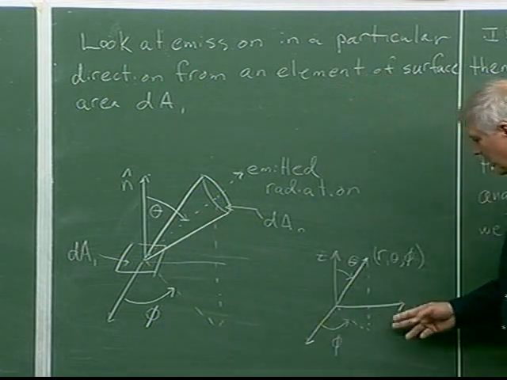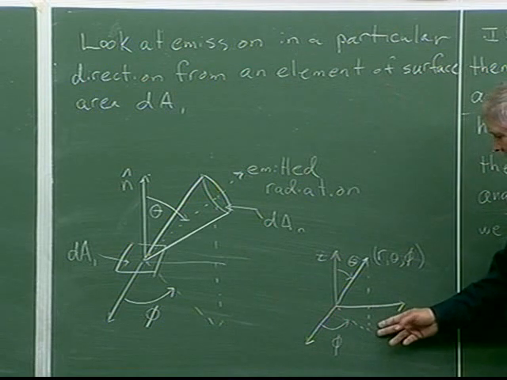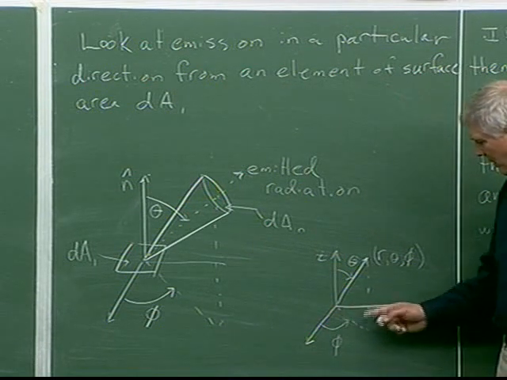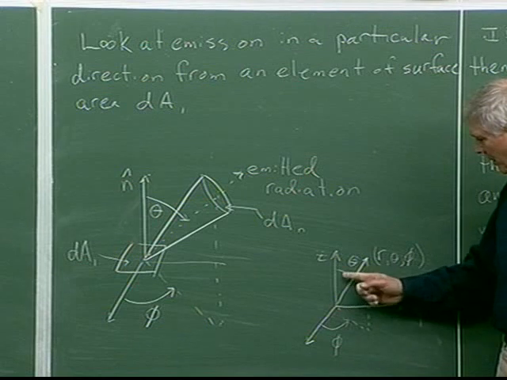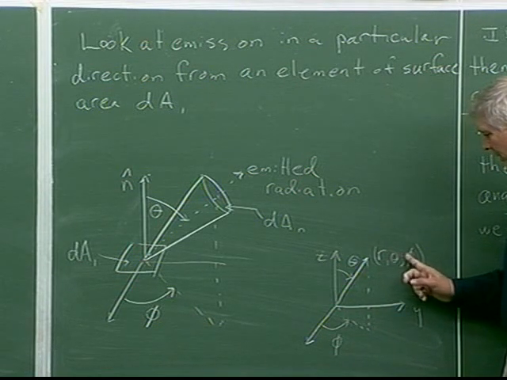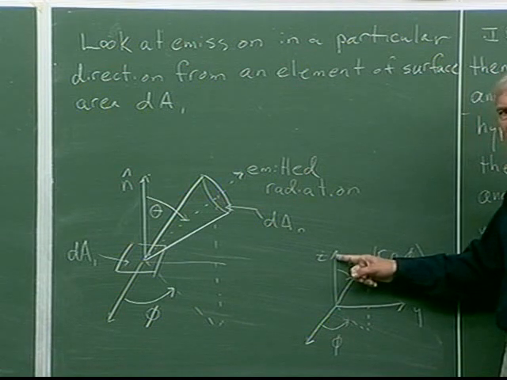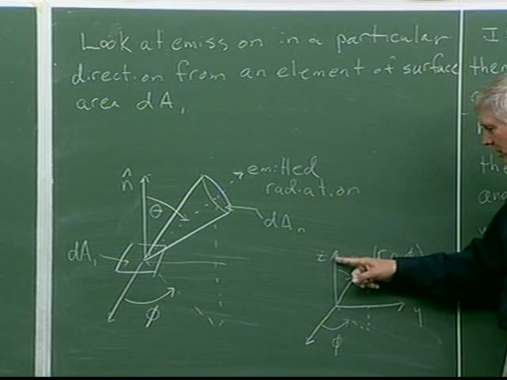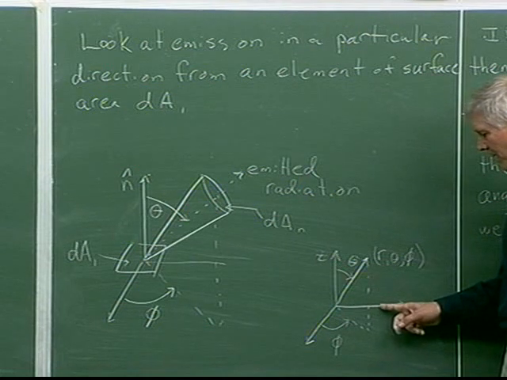I've drawn another coordinate system over here to show you the spherical coordinate system. We have x, y, z, and we have a unit vector r, which is given by r, theta, and phi. Theta is measured from the z-axis in this direction. It can go from 0 all the way to pi over 2.